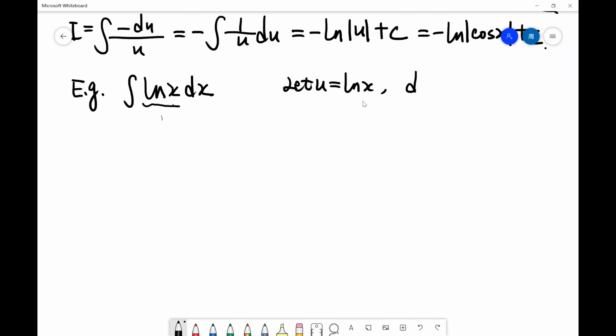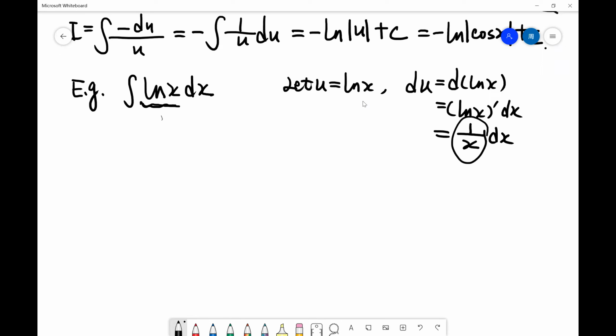Then we know du equals d ln x, and that equals (ln x)' dx, that equals 1/x dx, right? But in the integrand here, we don't have 1/x actually, right? So we cannot remove 1/x. Then we cannot use the substitution rule and then use the formula. So we know this way does not work here.